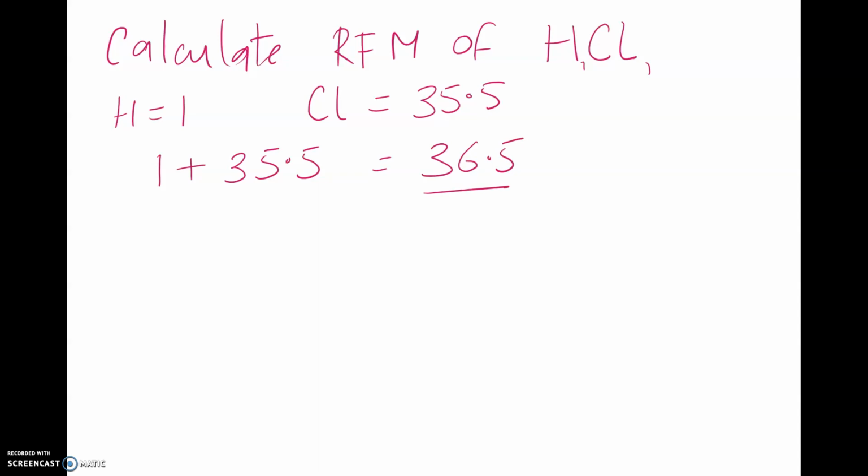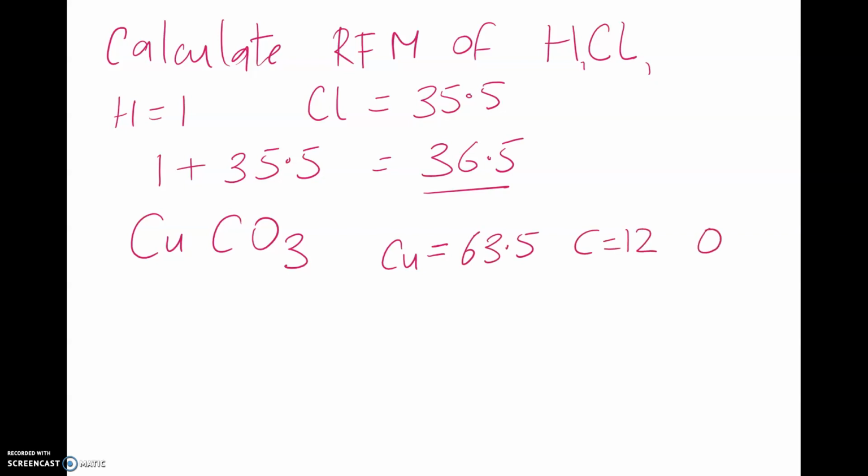Another example will be CuCO3, which is copper carbonate. Now Cu is equal to 63.5, C is carbon, which is 12, oxygen is 16. All these numbers can be found on the elements in your periodic table.